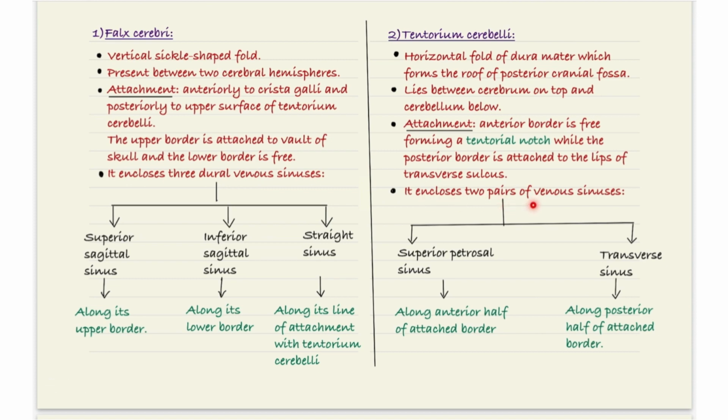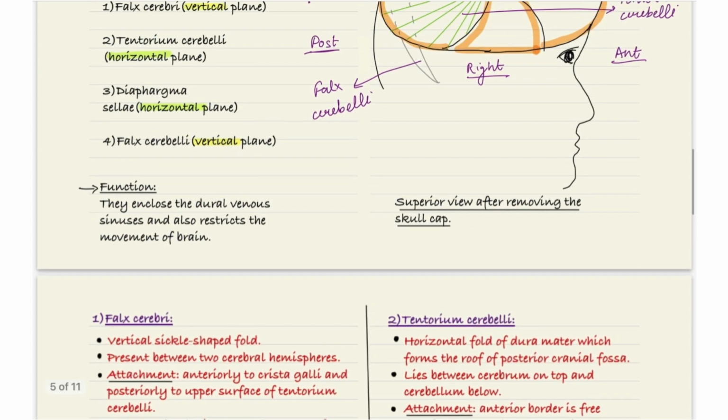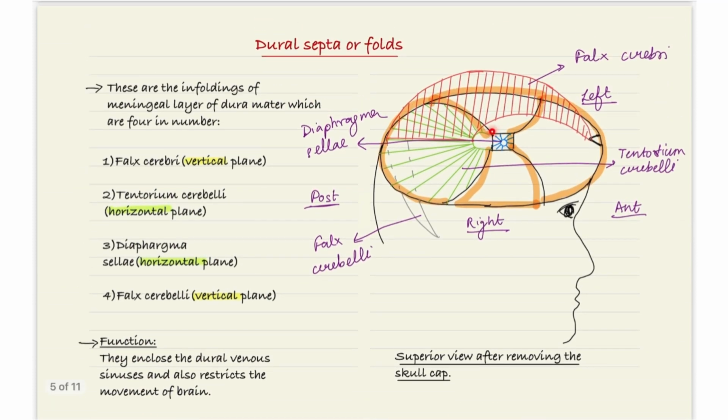It encloses two pairs of venous sinuses. First is the superior petrosal sinus and second is the transverse sinus. The superior petrosal sinus is along the anterior half of the attached border and the transverse sinus is along the posterior half of the attached border. So this whole is the attached border.